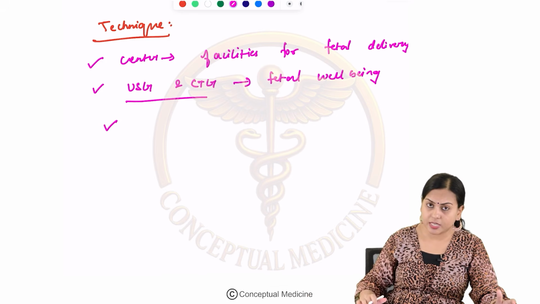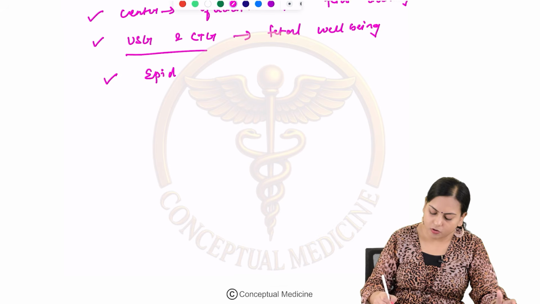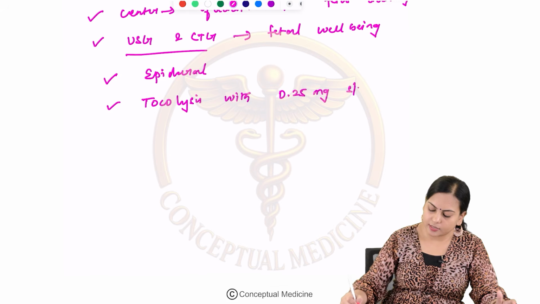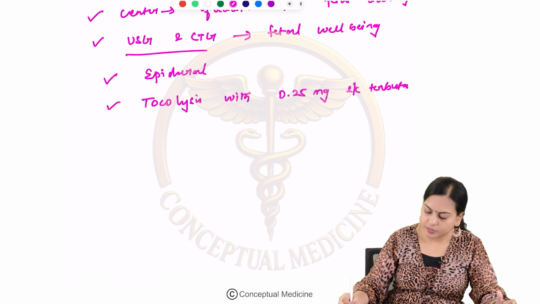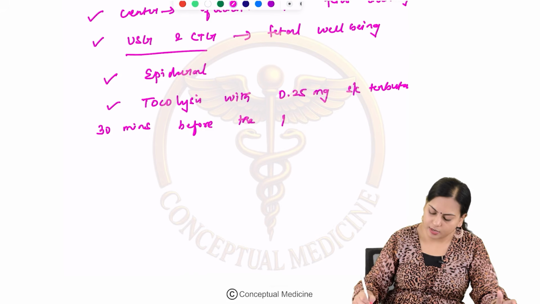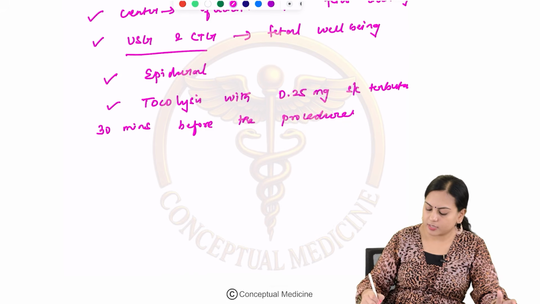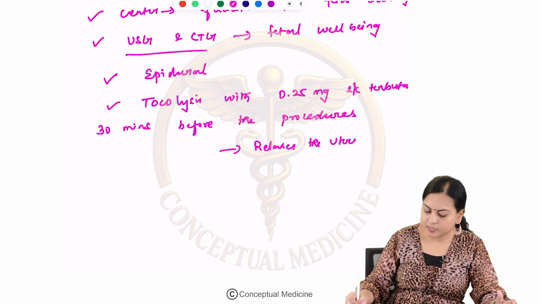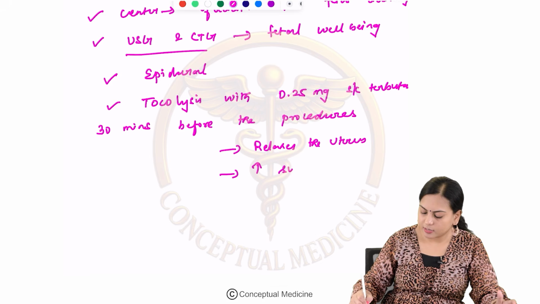Sometimes, if the woman needs, epidural can also be given. Sometimes, tocolysis with 0.25 milligram subcutaneous terbutaline given 30 minutes before the procedure can be helpful, because this relaxes the uterus as well as increases the success rates.